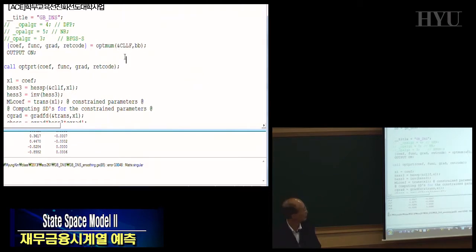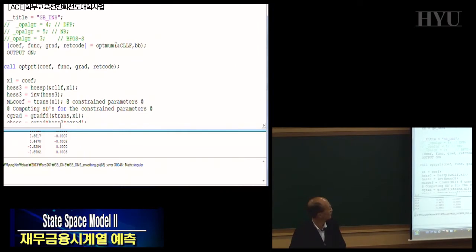So this is the name of your objective function, and it starts with an ampersand. So this is their language. You put optimum, parentheses, ampersand, and the name, and this, BB. Whatever the name, the same name.